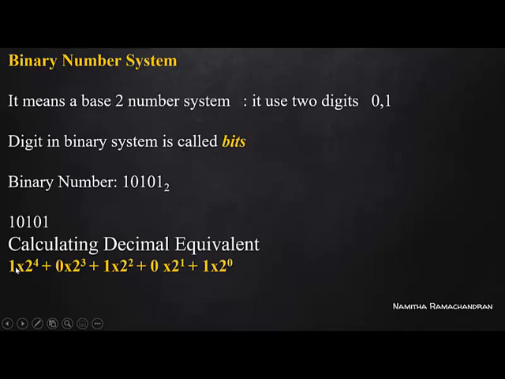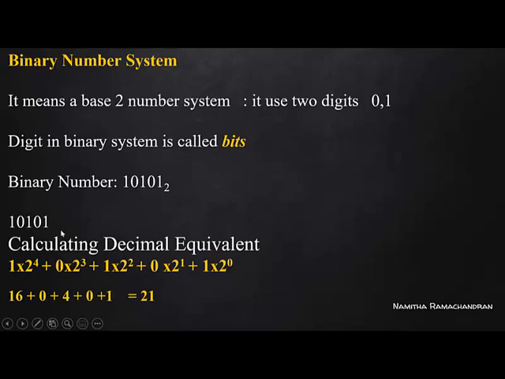And this 1 is 1 into 2 to the power 4. Each of these terms represents its positional value. After identifying the positional values, we simply sum them up. So the decimal equivalent of this binary number is 21, or its exact value is 21.